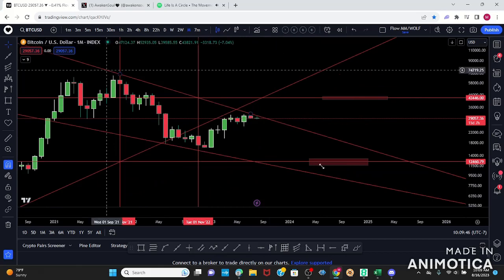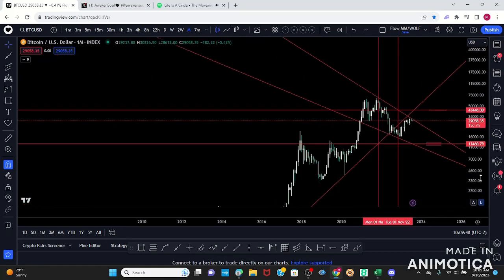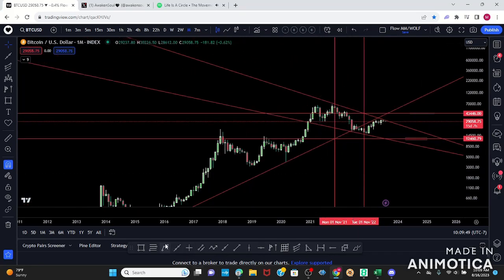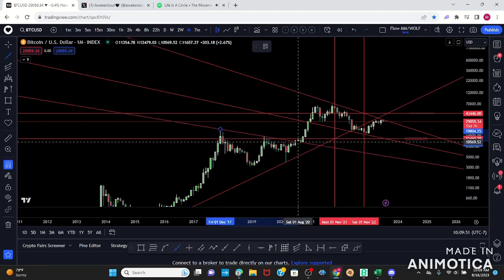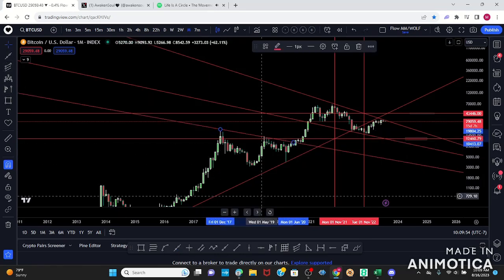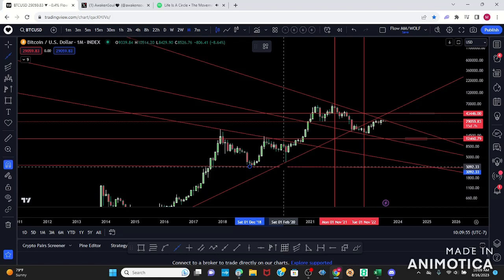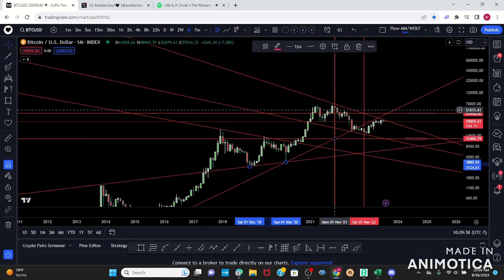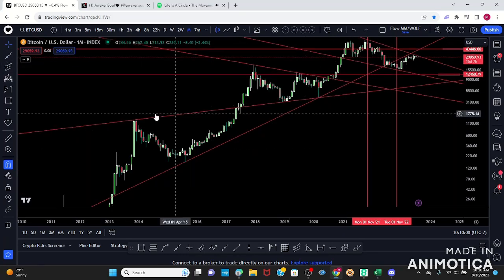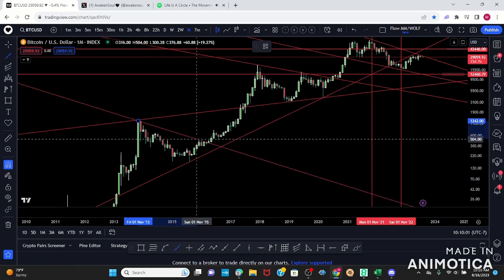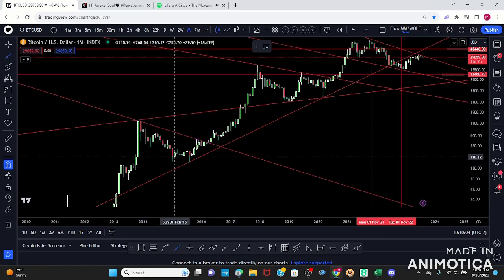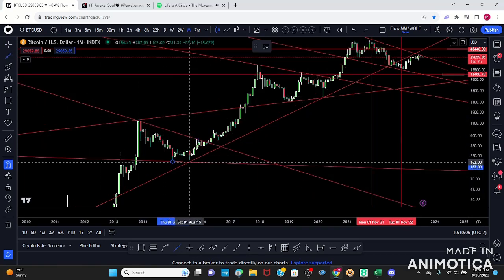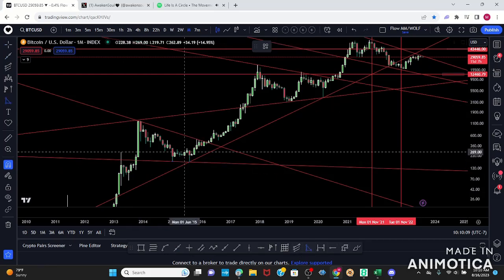Okay, so just a possible bull flag for the future. And this is just confluence to this previous bull flag here. We can see bull flag, then broke up. Then we have another one here. Bull flag, then we broke up.